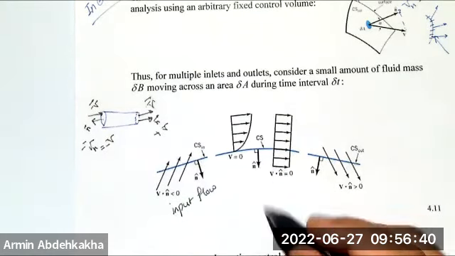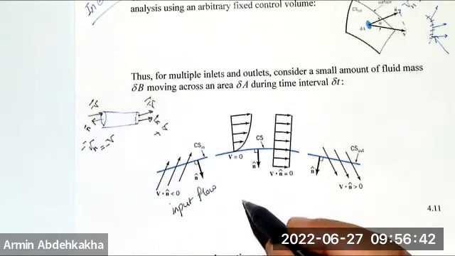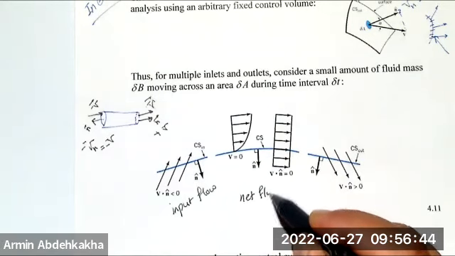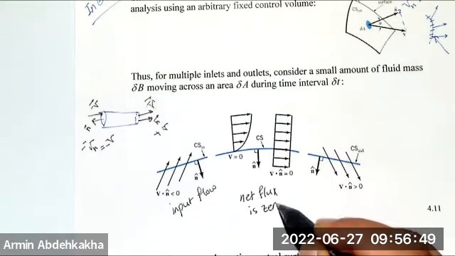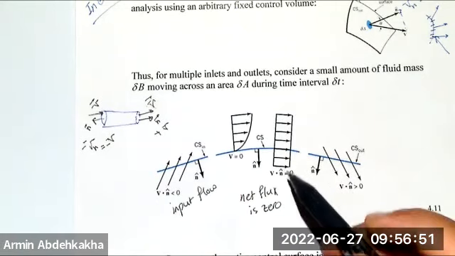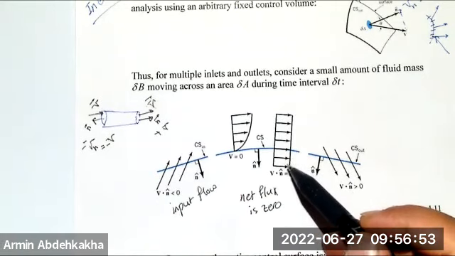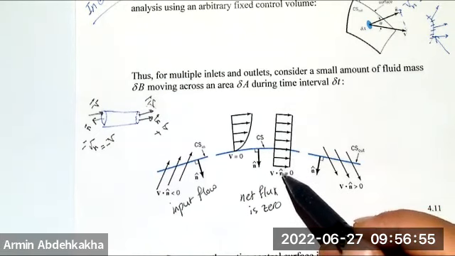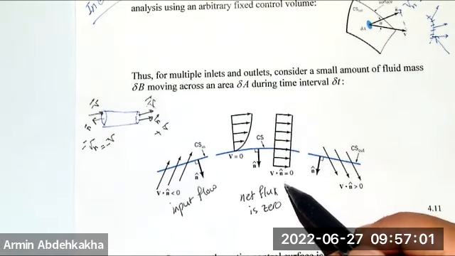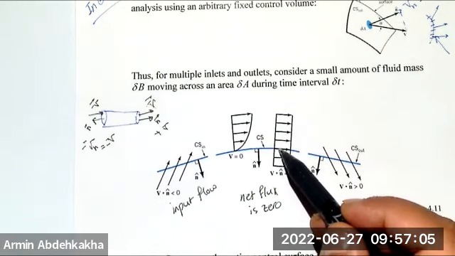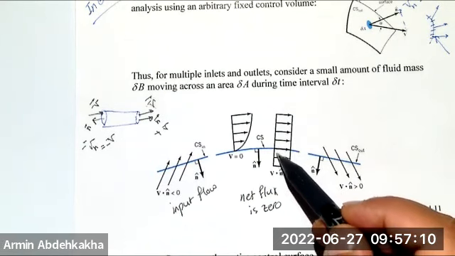If it's 0, the net flux is 0. Okay, so this is like a wall. It could be like a wall. Why? Because the net flux is zero and the flow is not passing over that. Why? Because V is always normal to n, and it means that the net flux that passes over the surface is zero.